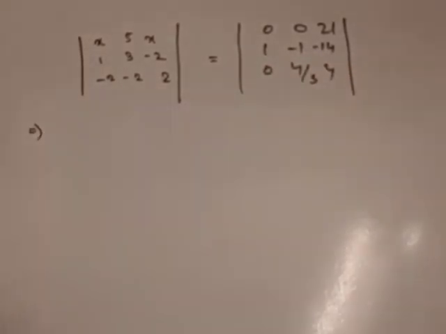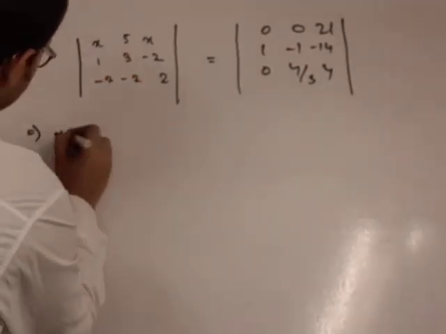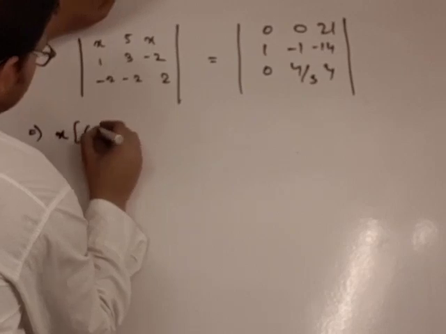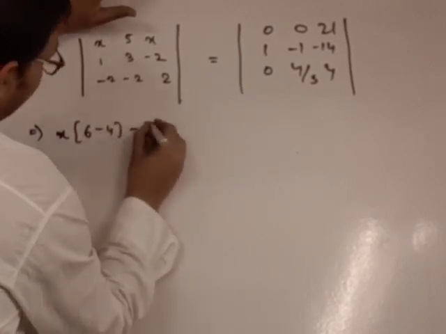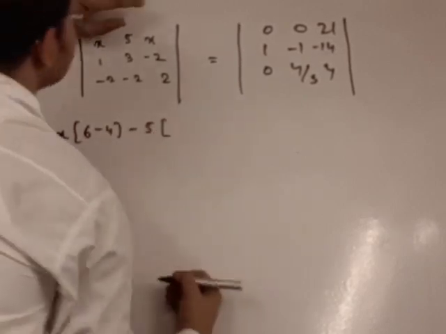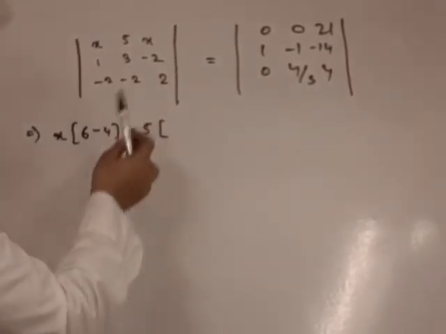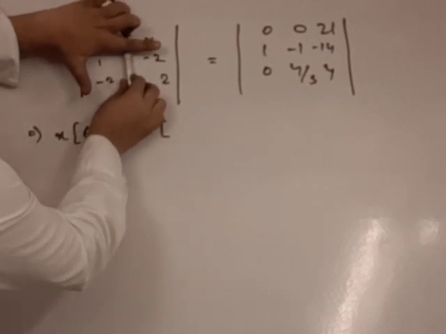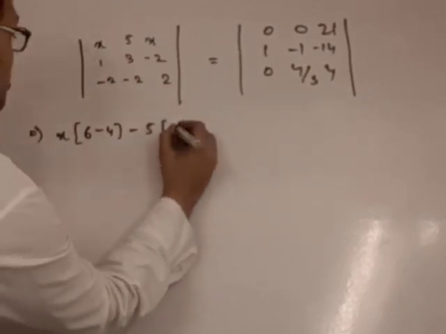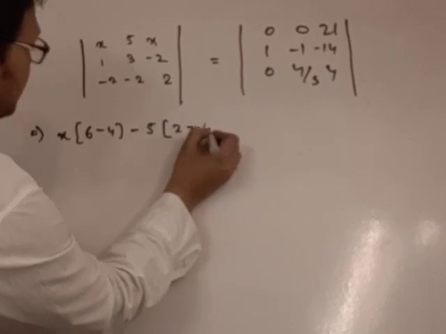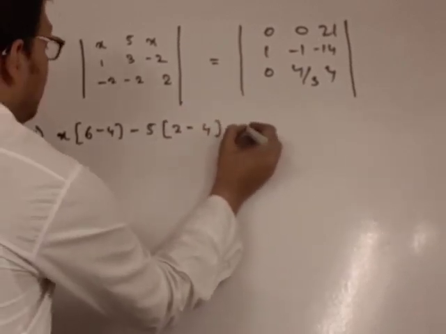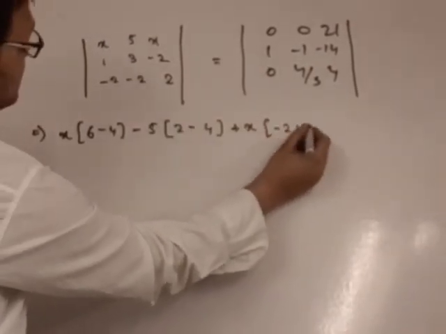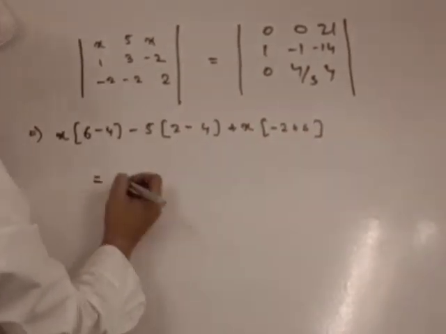So I just expand it. x into 3 times 2 is 6 minus 4, minus 5 plus 1 times 2 is 2 minus 4, plus x times 1 times 2 is minus 2 plus 6, which equals this matrix.